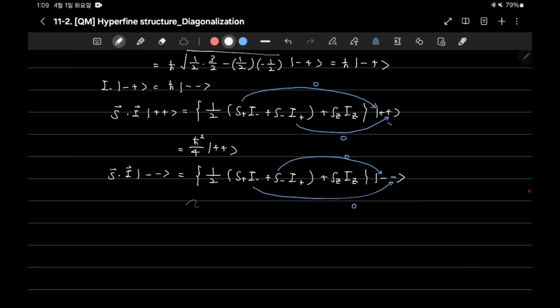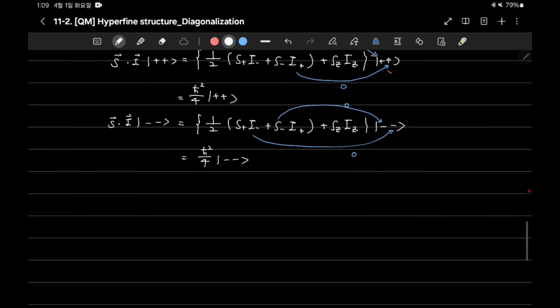So only the half h bar square times the minus minus state remains.